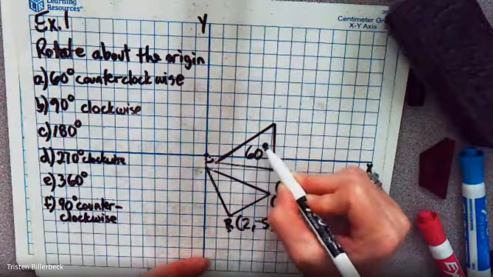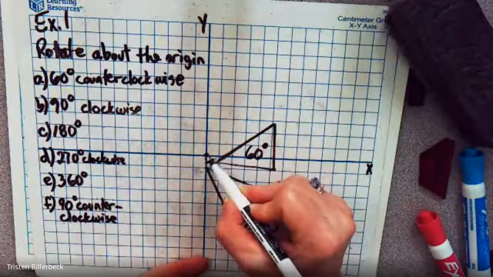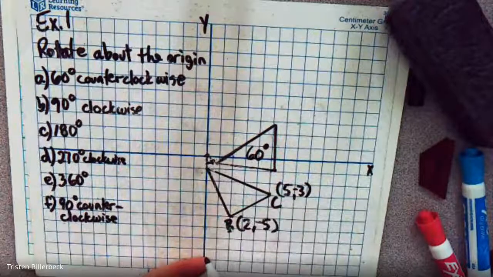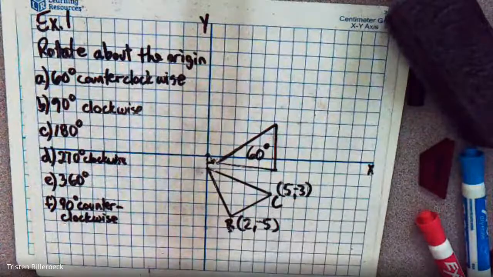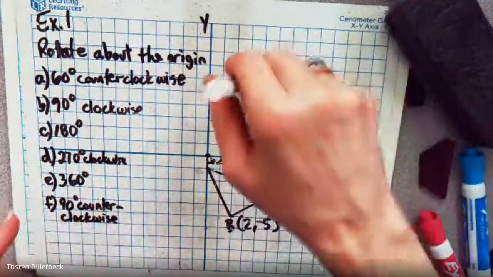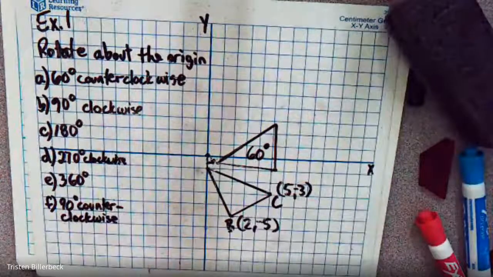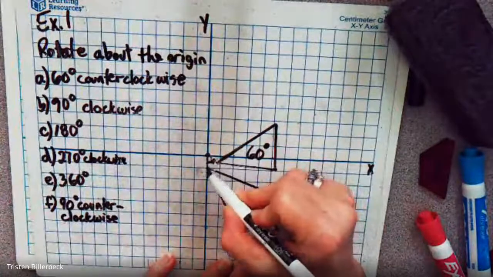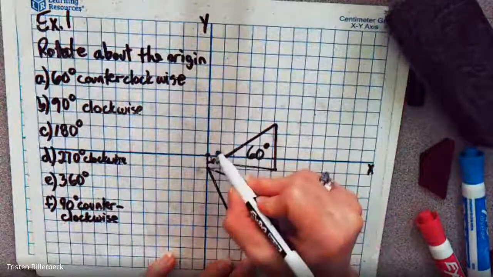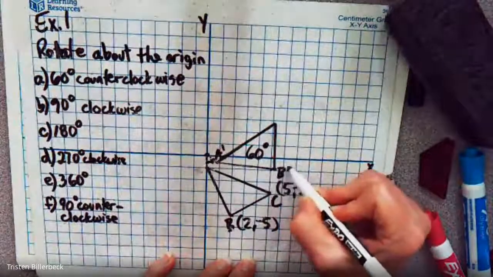So this is my 60-degree triangle. I have just rotated it a little bit counterclockwise. Counterclockwise is that way. If this was A, this is A prime, and that's B prime, and that's C prime.